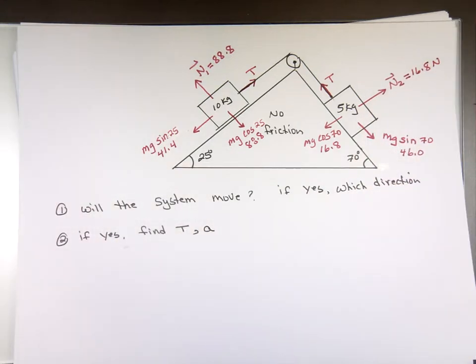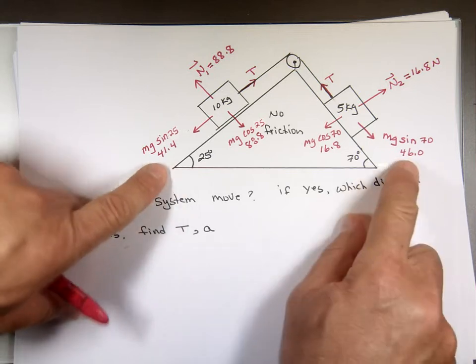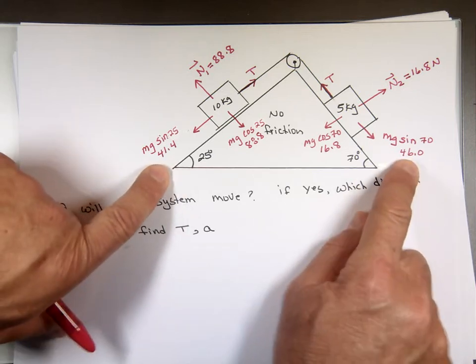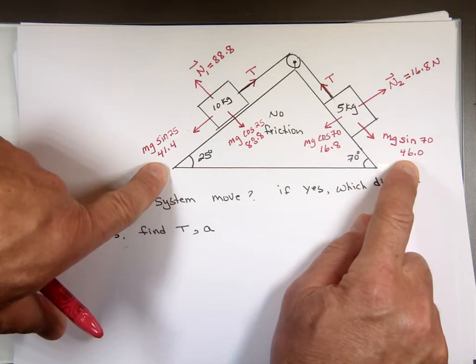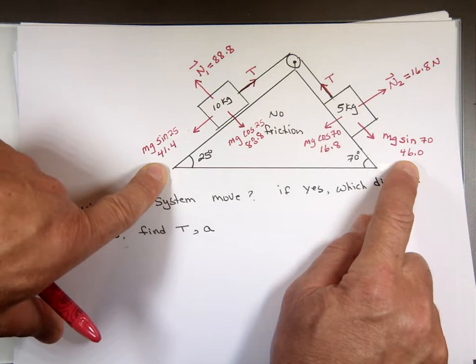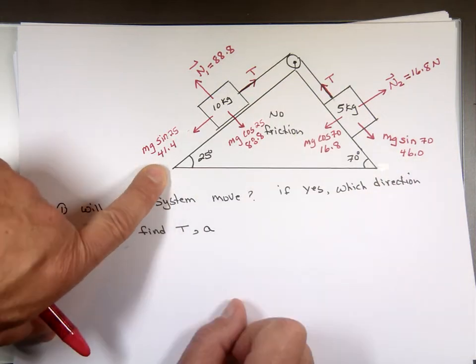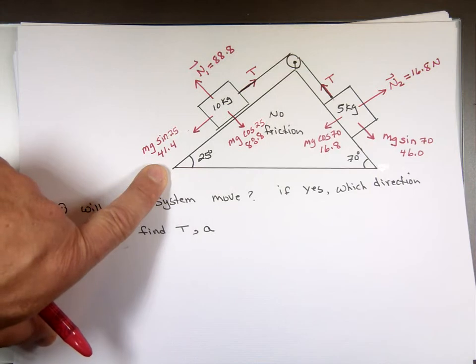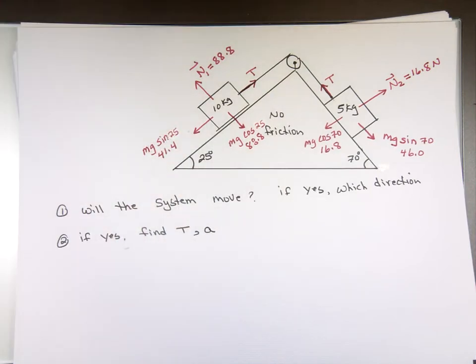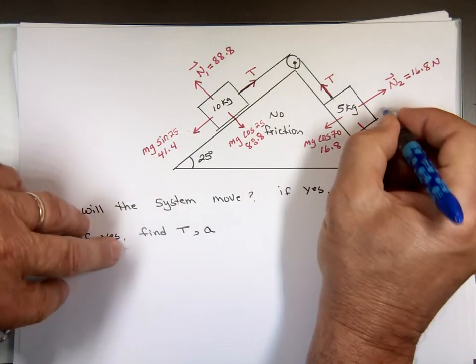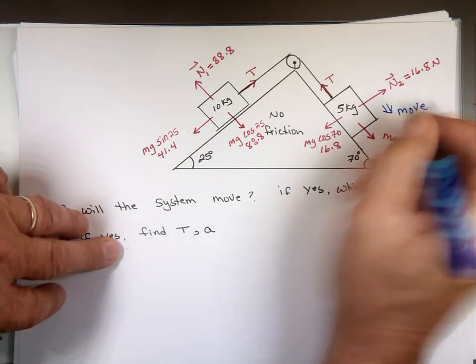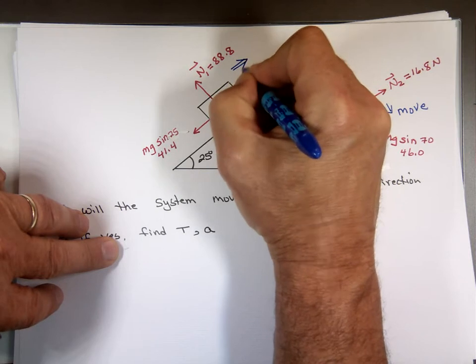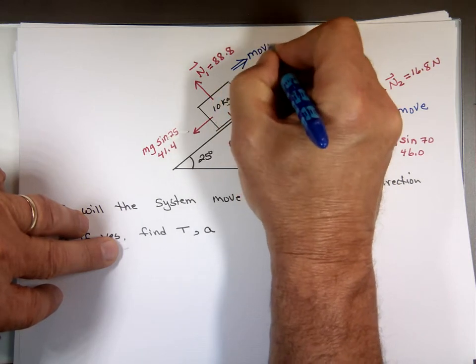Now, are these two numbers the same? If they're the same, the system is not going to move. Are they the same? No. Which one is bigger? 46. So it's going to move in that direction. Got a bigger force pulling in that direction. So this actually will move down this way, and this will move up. If this one moves down, it's going to drag that to go up.